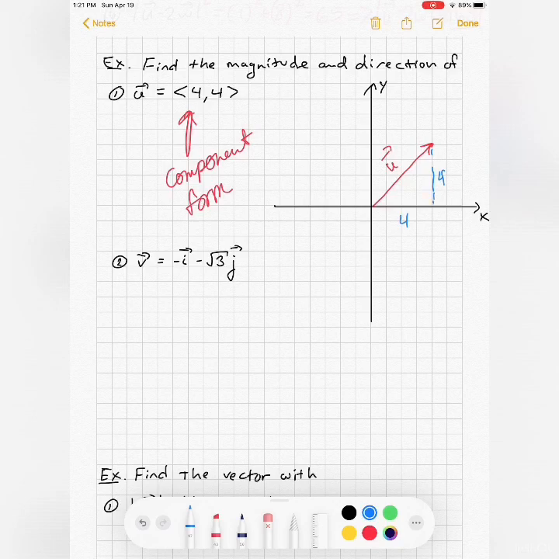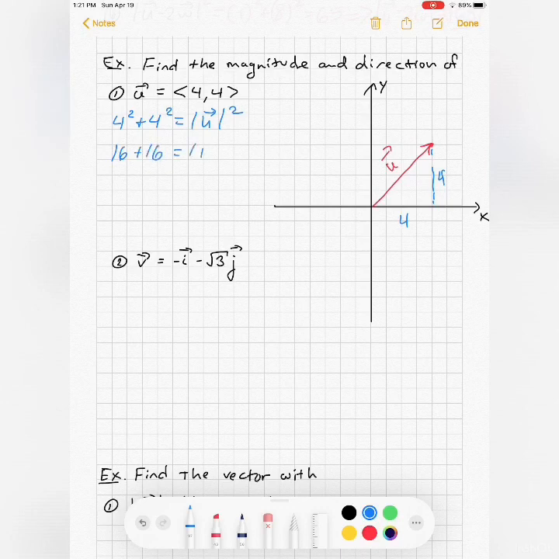So if I wanted to find the magnitude, I would just do the Pythagorean theorem. So that magnitude would be 4 root 2.